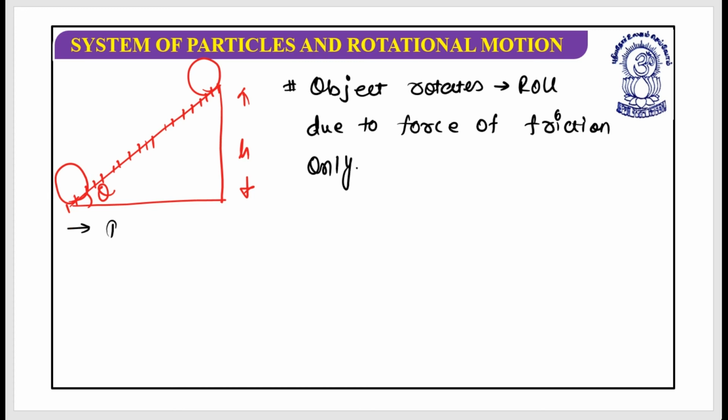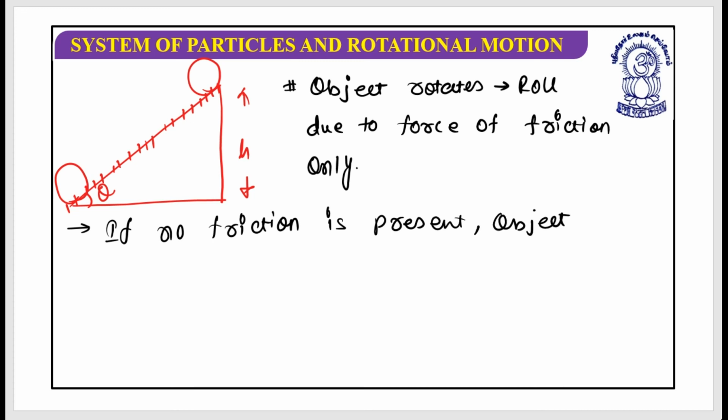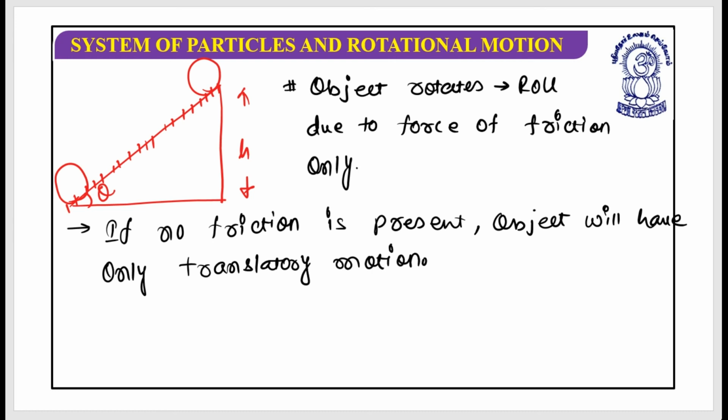That means if no friction is present, the object will have only translatory motion. I hope this is clear. Is it clear?